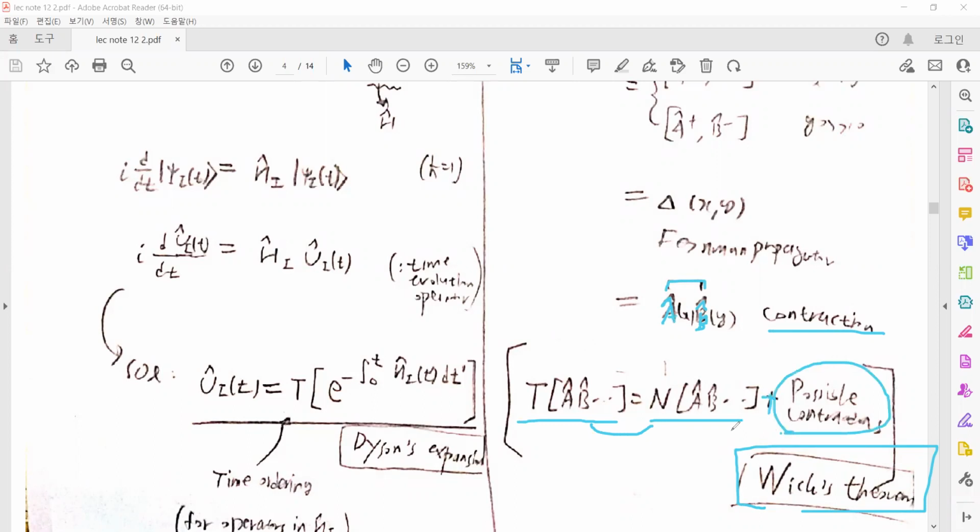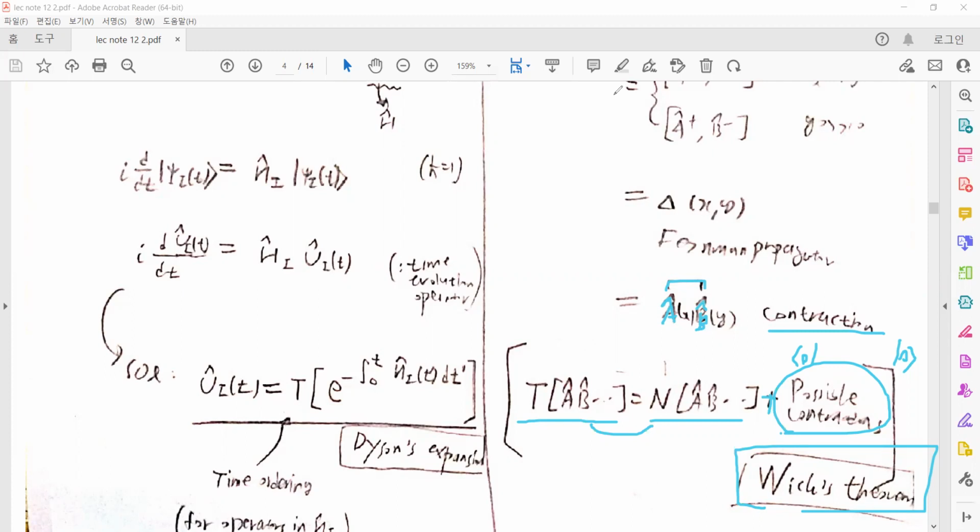And if no contraction terms remain, then it will be zero, because the remaining normal ordering terms give zero vacuum expectation values. So all the bit operators should be contracted, such that the number of the products of the bit operators should be even, not odd.